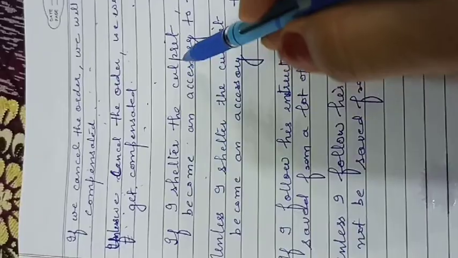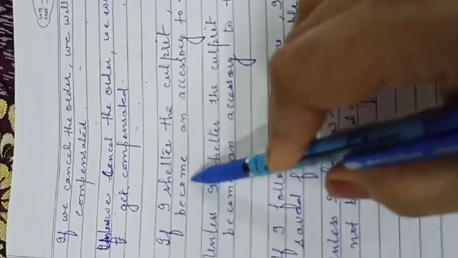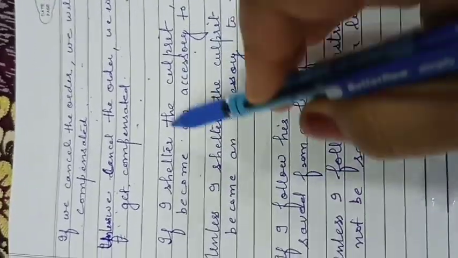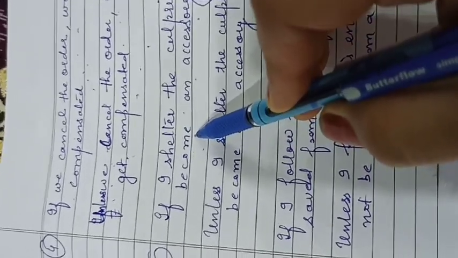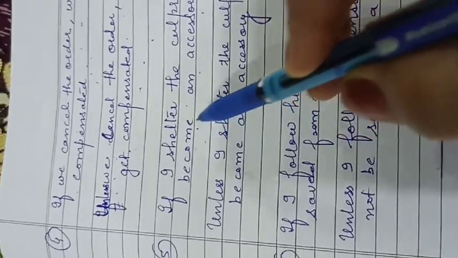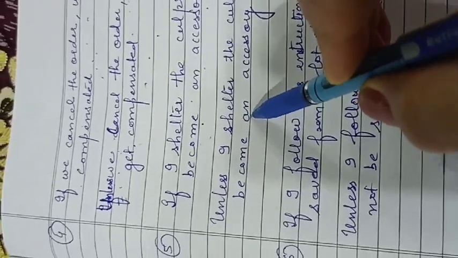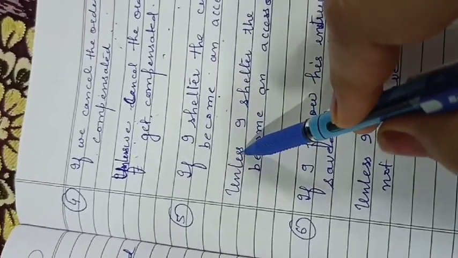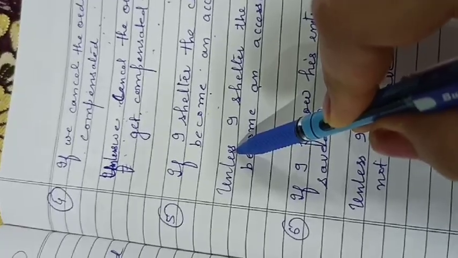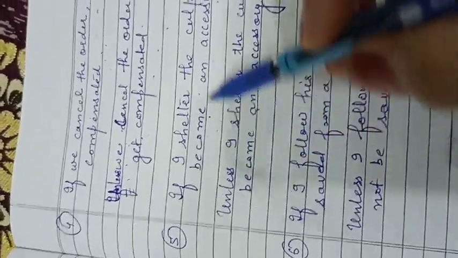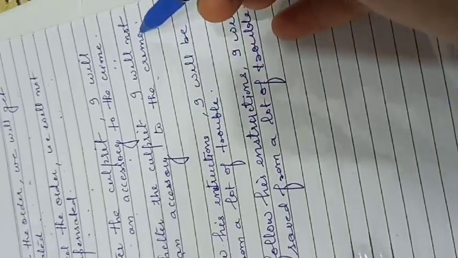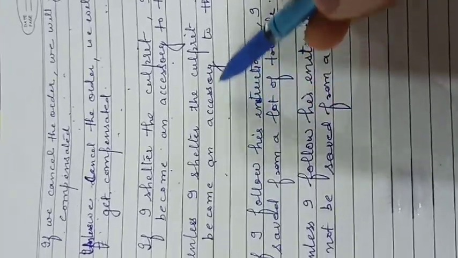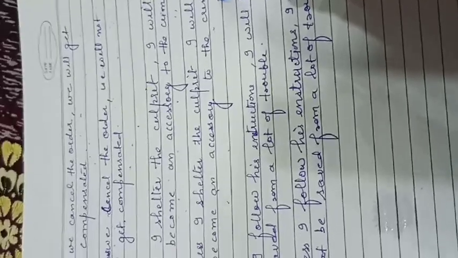Again, in this sentence, beta, there is not a single not. So when we change into unless, we have to use one unless in the subordinating clause and in the main clause one more not. So here, unless I shelter the culprit, I will not become an accessory to the crime.